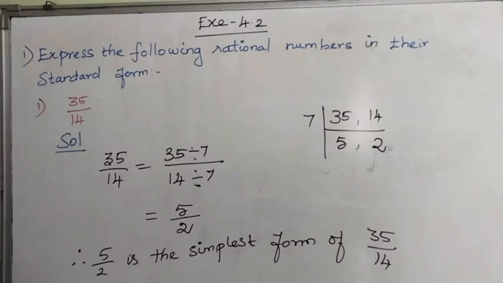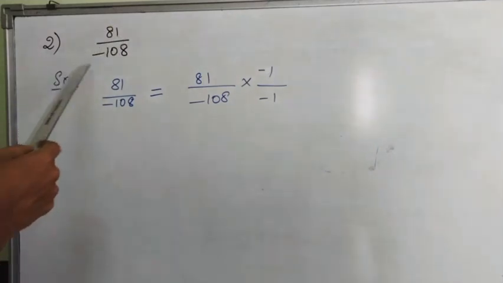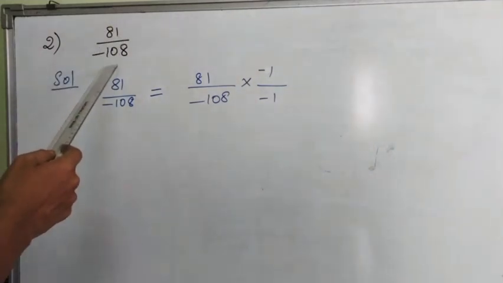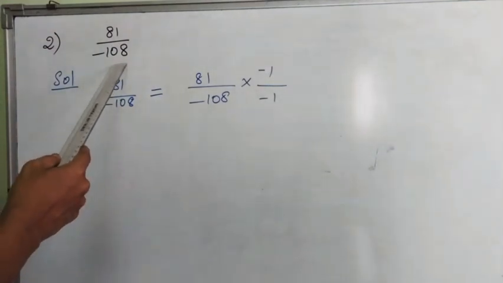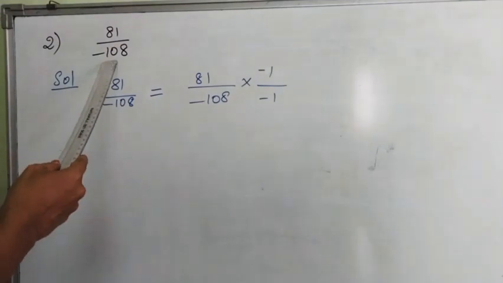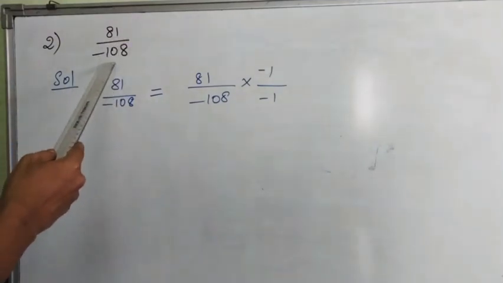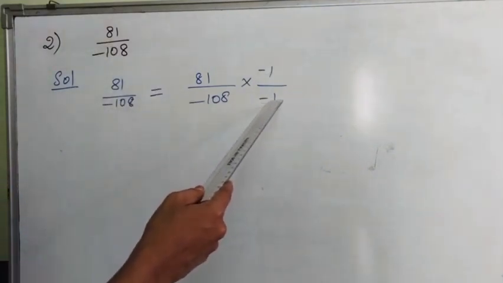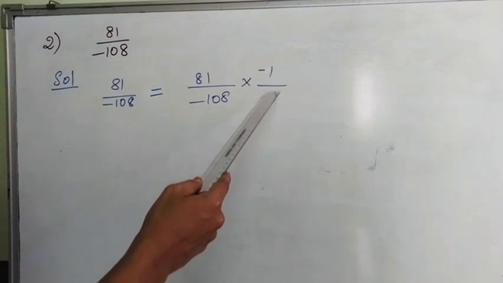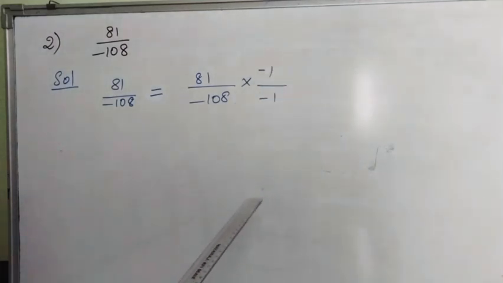And see the next sum. The second sum is, the given value is 81 divided by minus 108. Okay, see, the denominator is a negative rational number. Yes, the denominator is negative. We have to change the negative sign to positive. So for that reason we have to multiply the numerator as well as the denominator by minus 1.